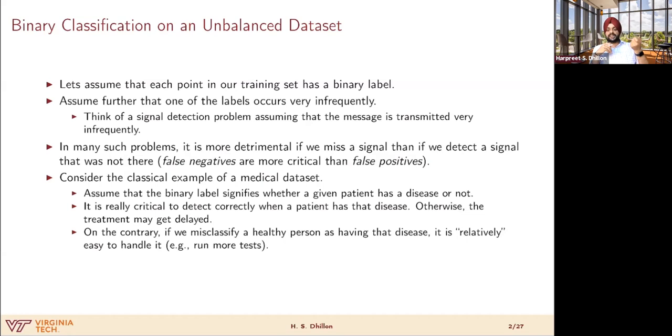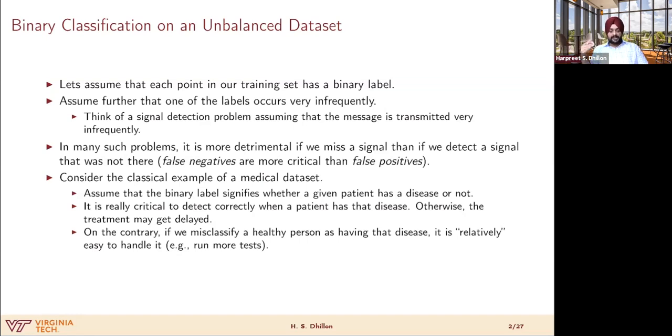Here the attributes for the patients could be age, where they live, their diet and things like that. Then you have a binary label, which is whether that patient has a disease or not. Now, it is really critical to detect correctly when a patient has this disease, otherwise the treatment might get delayed.